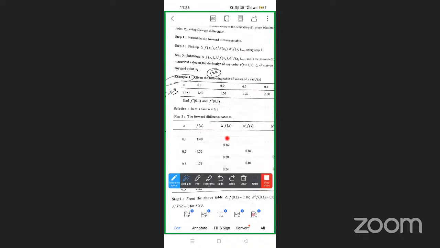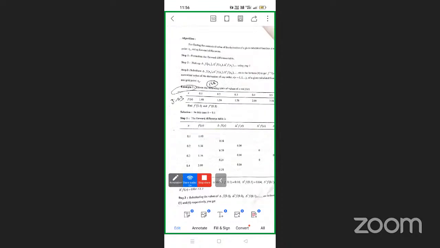So question: given the following table of x and f of x values, find f dash of 0.1 and f double dash of 0.1. So how to identify whether to use the forward or backward formula in this table? Look at the middle value.